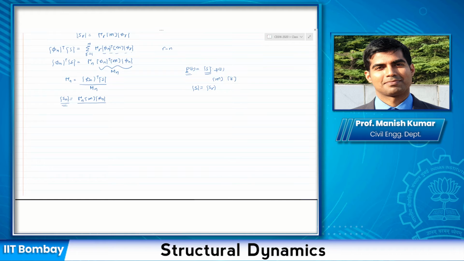Again, I will repeat it. If you apply external forces P(t) on a multi-degree of freedom system, in each mode the structure will vibrate, and when the structure is vibrating, it would have inertial forces associated with each degree of freedom.